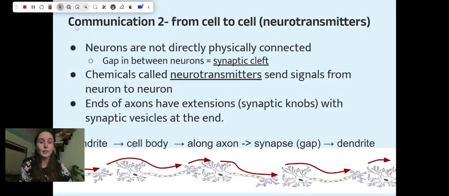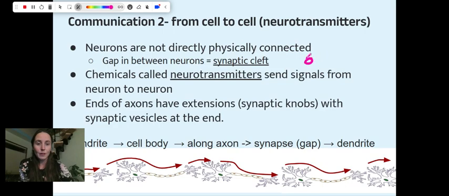So once that signal gets all the way to the end of a nerve cell, now what? This is where communication two comes in. We've reached the end of the cell with that signal. Now we need to pass that signal to the next neuron. And those neurons are not directly connected, right?